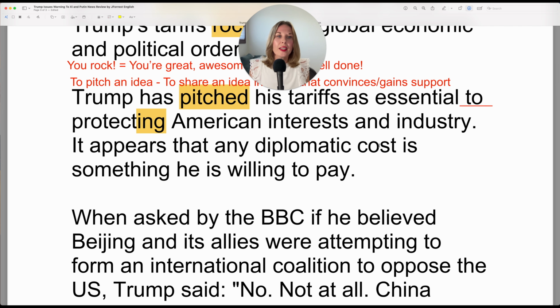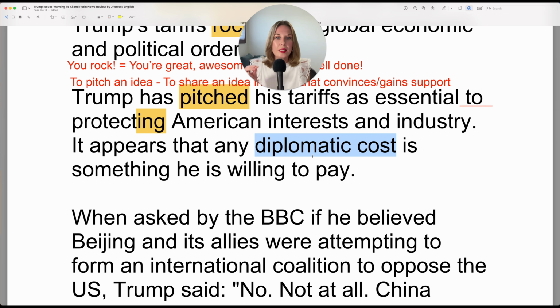So a diplomatic cost would be tension between a person or a country. That's the cost. So the cost is negative. So tension, cooling of relations. We saw warming of relations, cooling of relations, higher cost of goods in the US because of the tariffs as well.